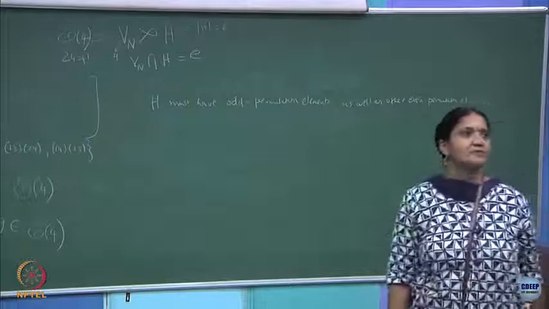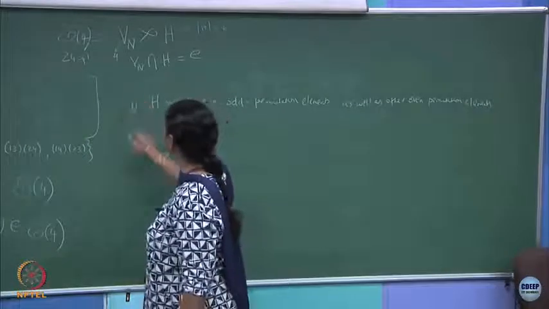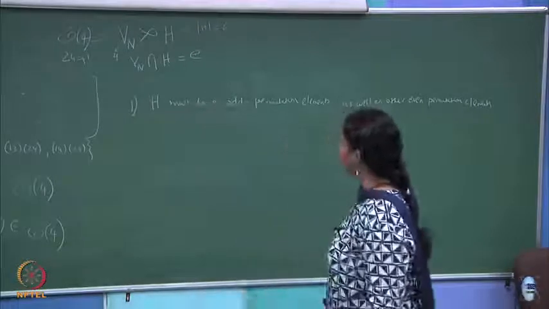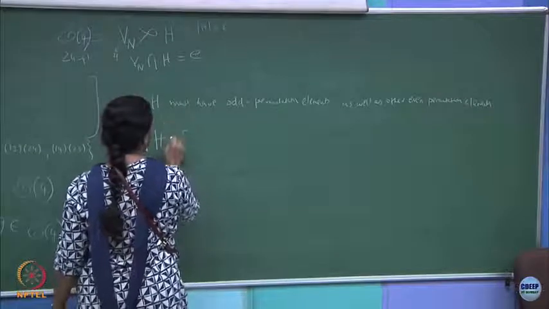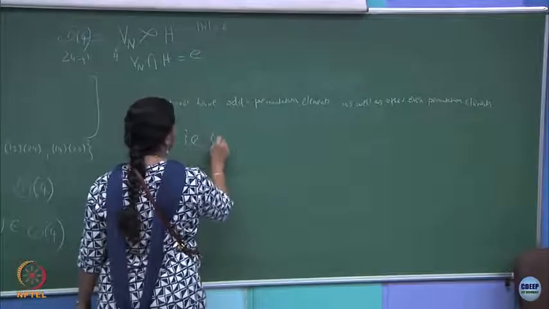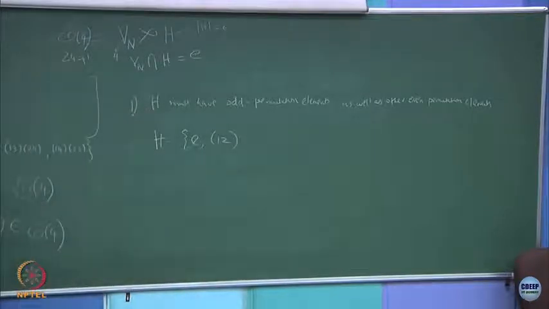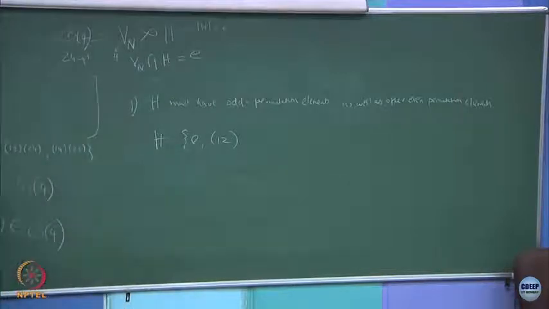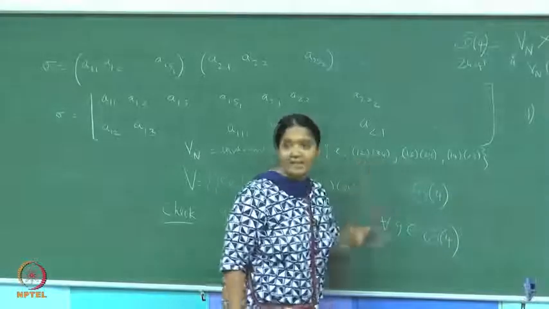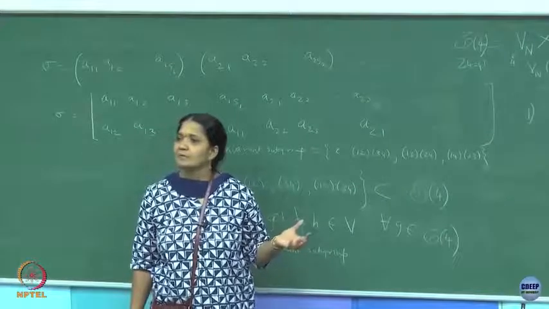So, that is the first observation we can make. So, using this let us start generating. Let us write H to be identity, let us write 1 2. If I take 1 2 with this 1 2, 1 2 squared is identity, 3 4 is generated. So, I do not need to write 3 4. Is that clear?